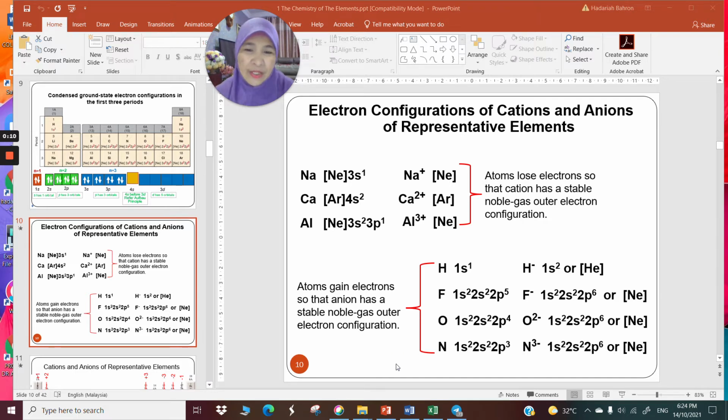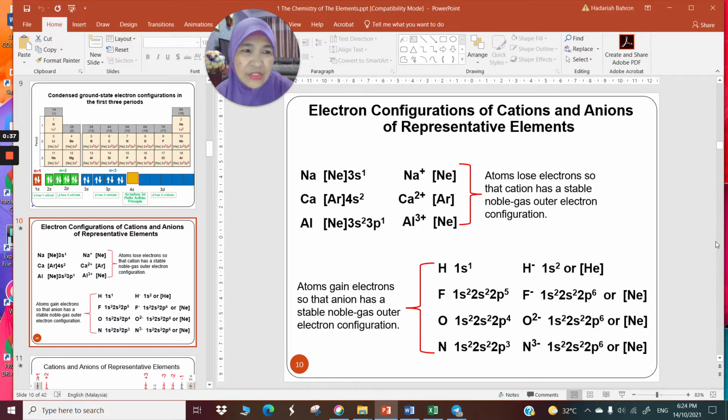In my lecture 1, I stopped at this slide where I was explaining why metals lose electrons to achieve noble gas outer electron configuration, whereas on the other hand, non-metals gain electrons to achieve stable noble gas outer electron configuration.